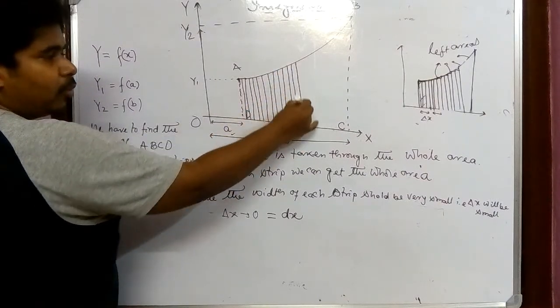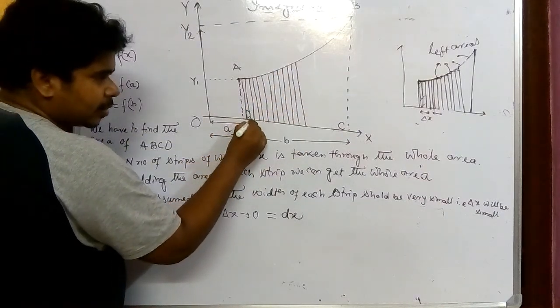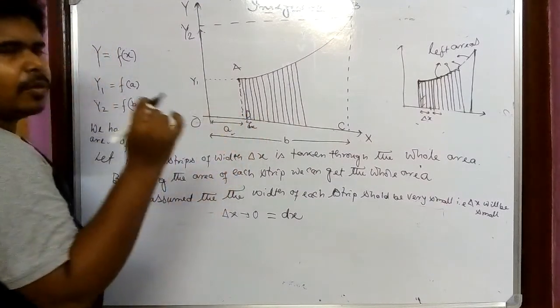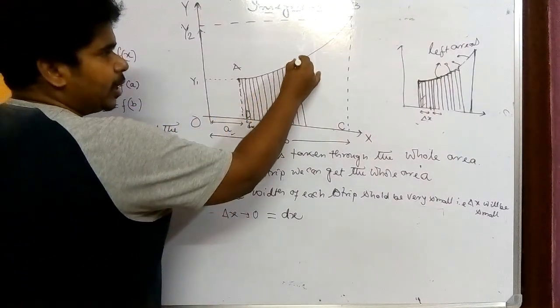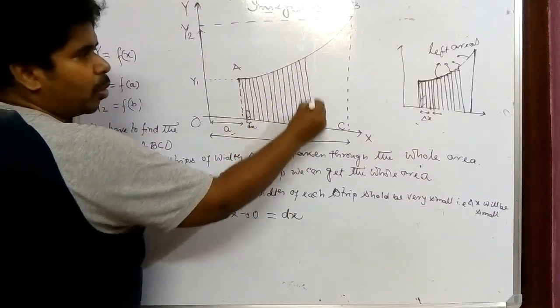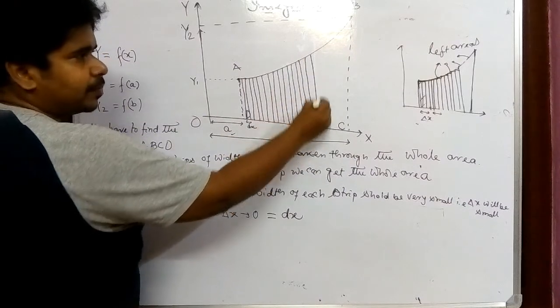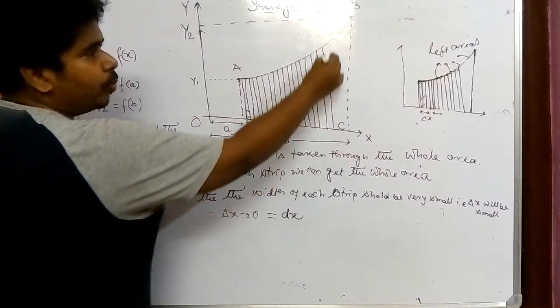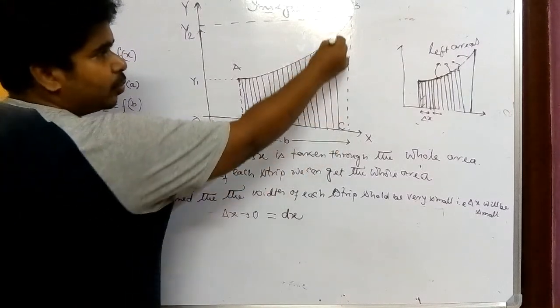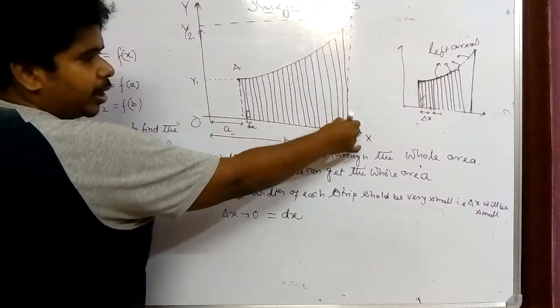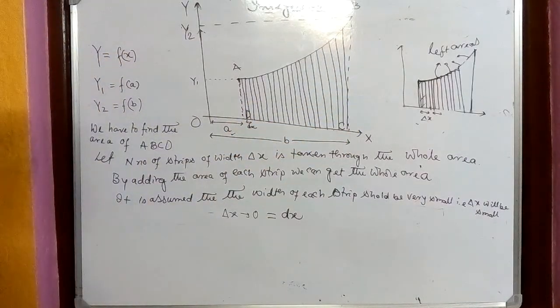But we have already assumed the thickness, it is dx, which is very small. By dx we mean the small width or small length we are assuming. And how many stripes have we assumed? We have assumed there are n number of stripes.